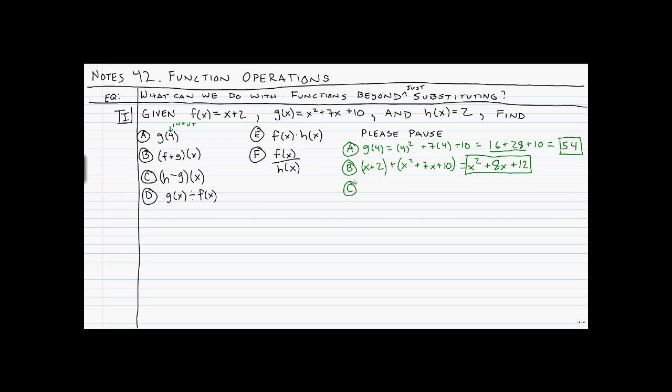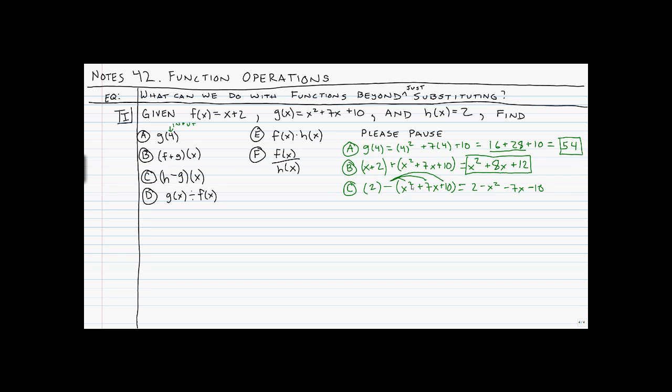So C, h minus g of x. h is 2. Again, we do need the parentheses here to be careful. g of x is x squared plus 7x plus 10. Since we're subtracting two functions, we need to distribute the minus. Notice that the first function, h of x, is just a scalar, just 2, but that doesn't really affect anything. It's just another function. So we get 2 minus x squared minus 7x minus 10.